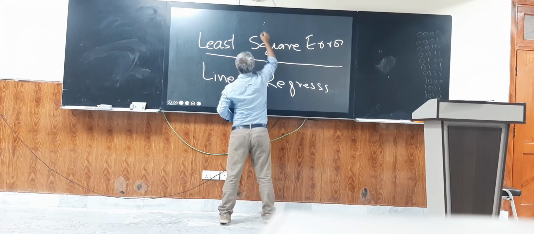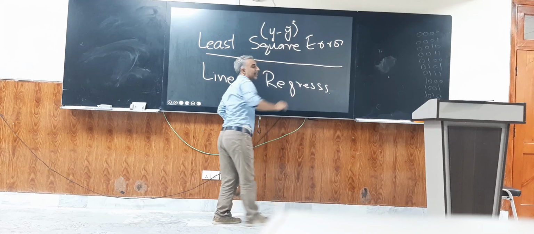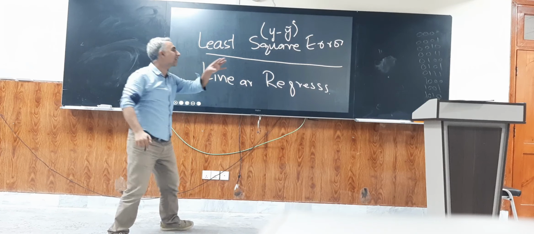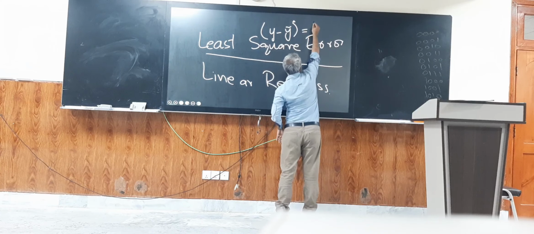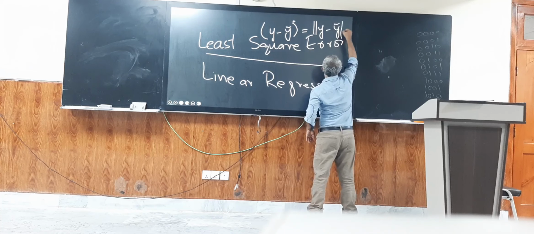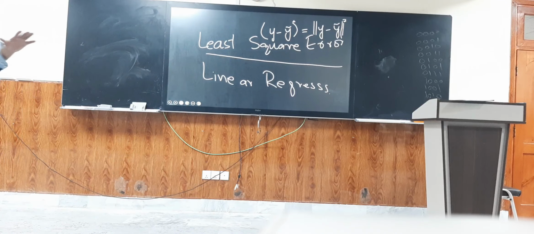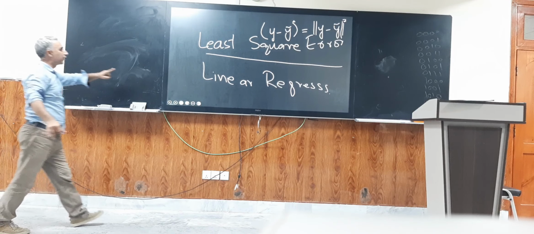So remember this least square is written like this. Never forget. In some textbooks, the notation is also given like this: y minus y-hat norm. Technically, the meaning is the same. Are you getting my point? Never be confused.